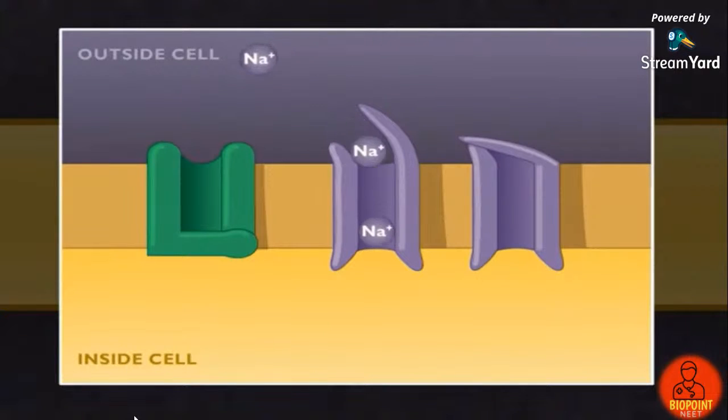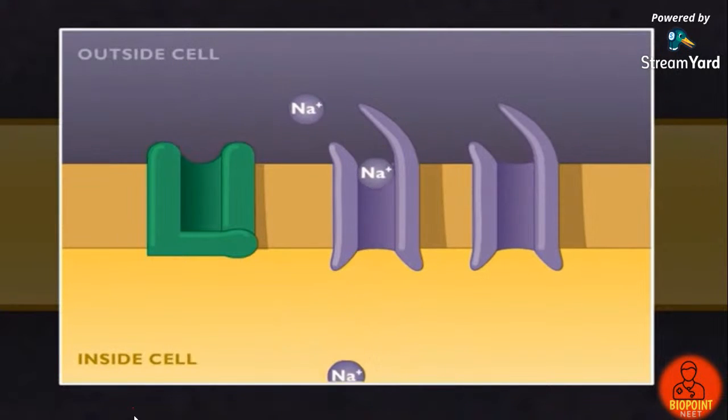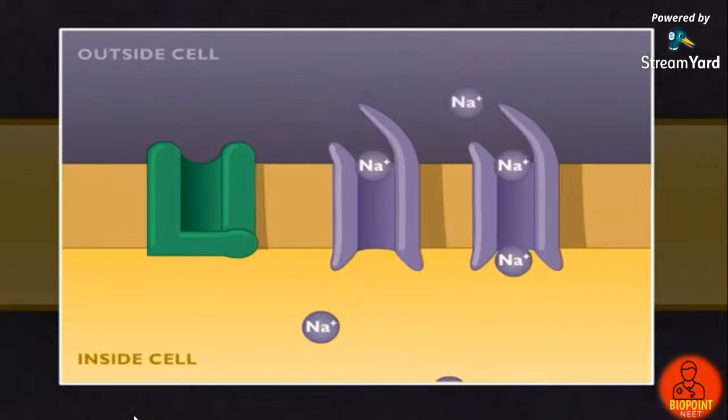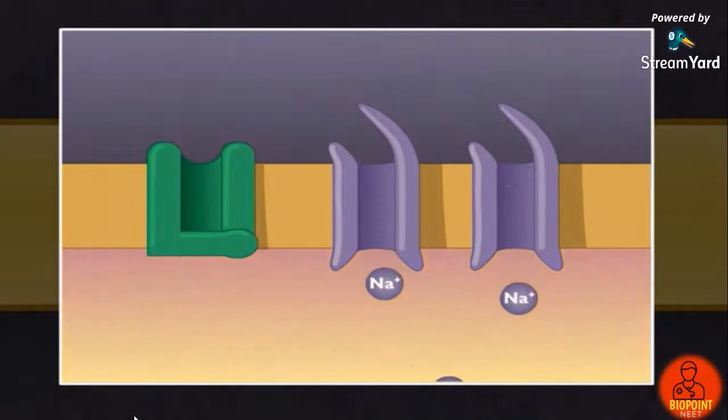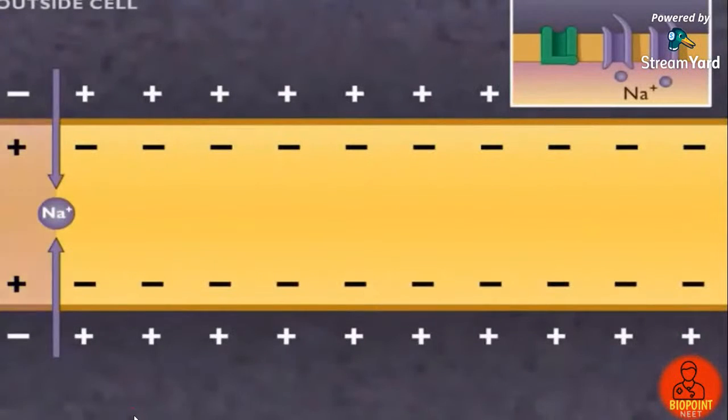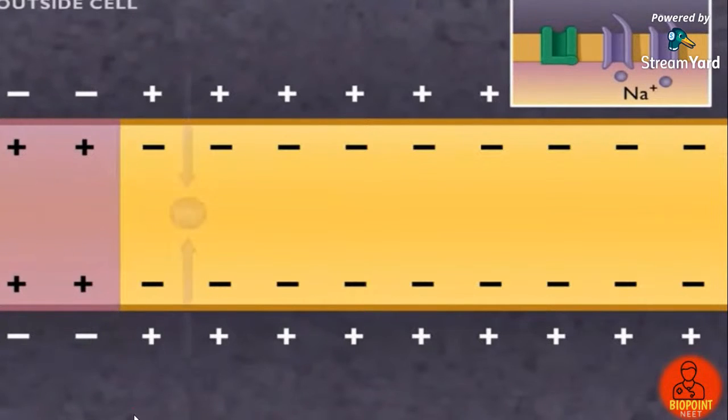So guys, the sodium channels open and sodium ions are sent towards the inside of the cell. Only one portion is affected. So an action potential is created.